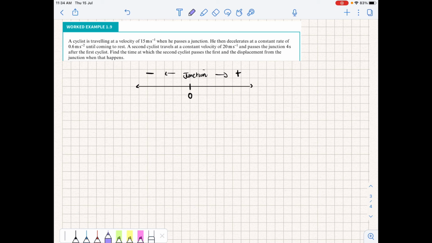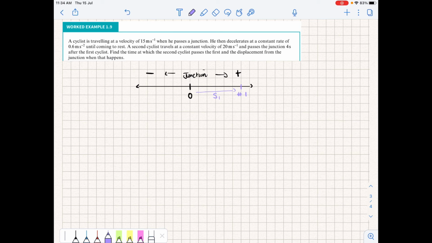So the first cyclist is cycling along, passes the junction and starts decelerating, and eventually is going to come to rest somewhere over here, and is going to travel some distance here, and we can call that displacement 1, okay?